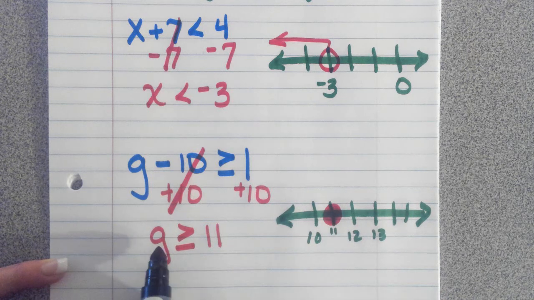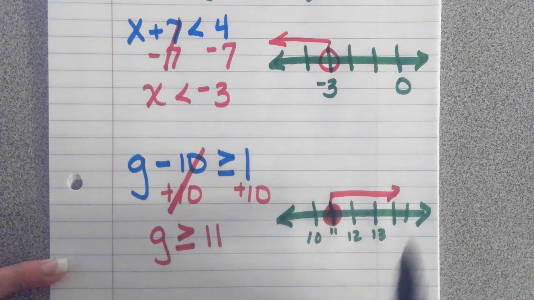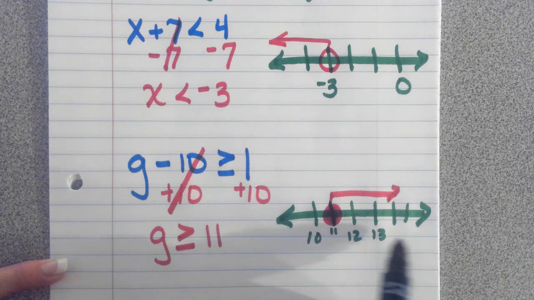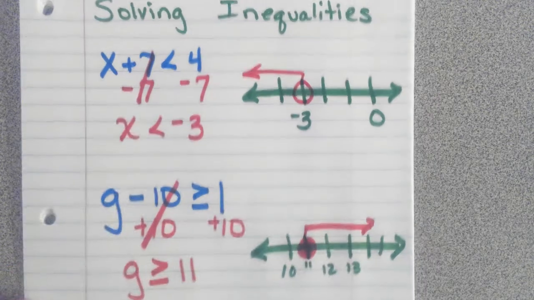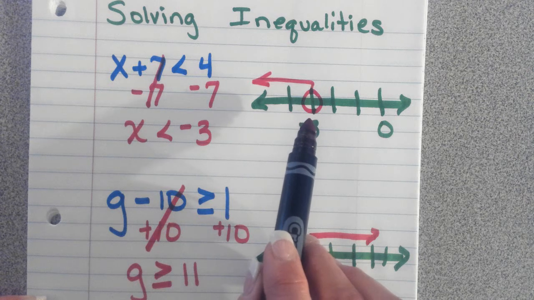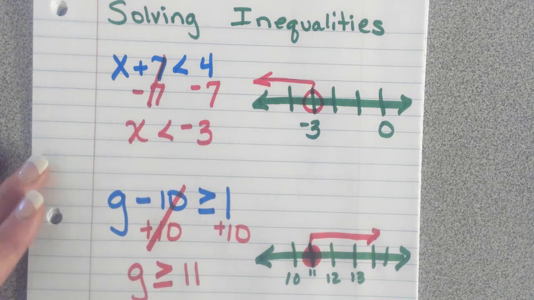And to indicate that G is bigger, I'm going to draw an arrow to the right where the numbers are bigger. So this answer will include 11 or anything larger. This answer up top does not include negative 3, but it includes anything smaller, like negative 3.1 or negative 4 or negative 100.